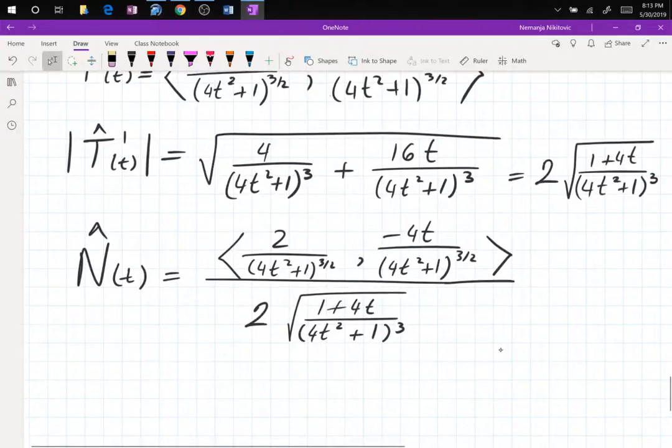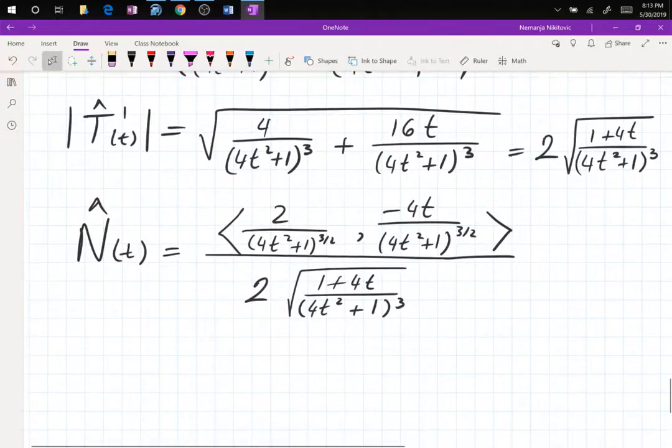Well, great. We have stuff that we can cancel and combine. For instance, the 2 and the 4 cancel with the 2. You get a 2, you get a 1 over here.